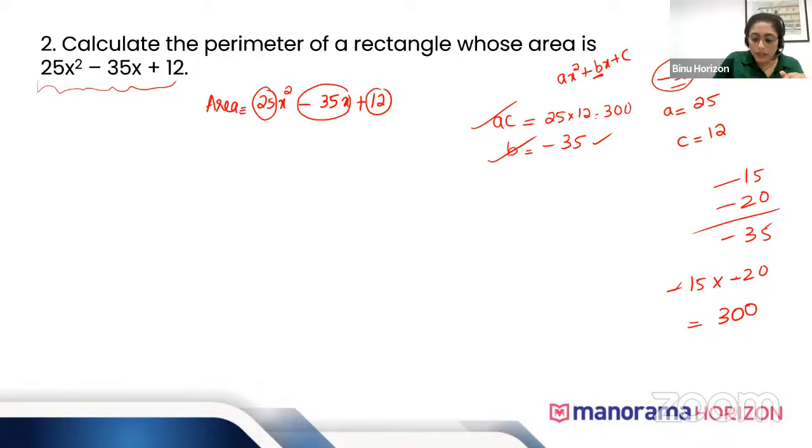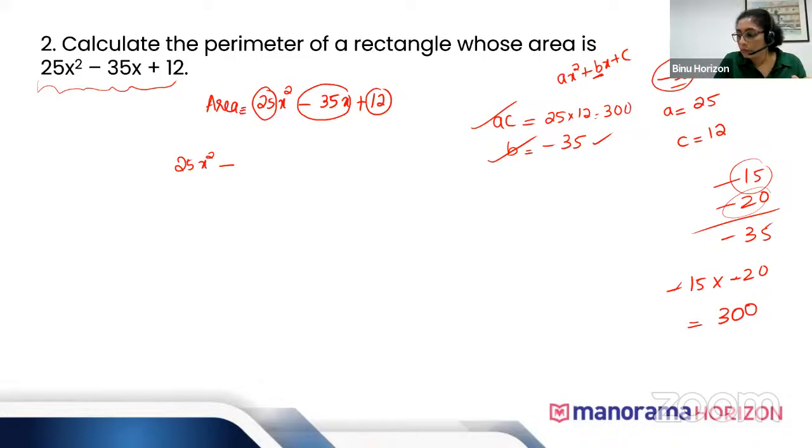So this particular combination will satisfy your condition. So I can split 25x square, and the middle term minus 35 as minus 15 and minus 20.